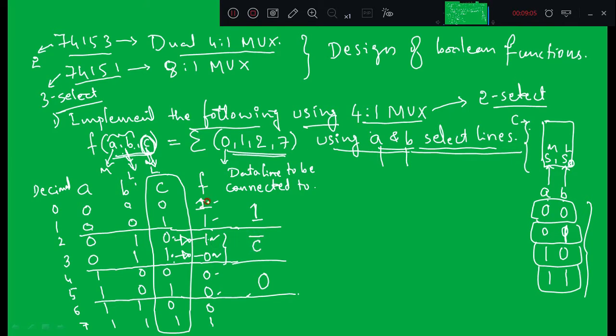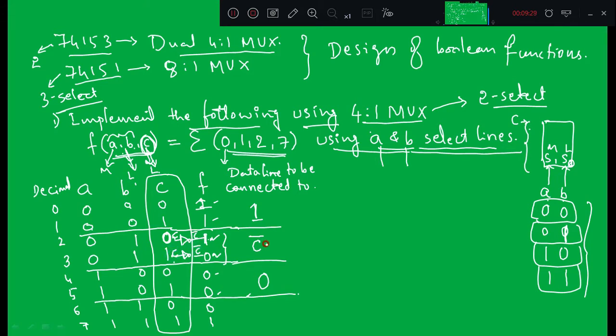So I'm going to compare f with C. See here, C is 0, f is equal to 1. In general I can write it is C bar. If I treat this input as C, what will be the output? C bar. Here C is 1, output is 0, again 0 is the complement of 1. If I treat this as C, the output is C bar.